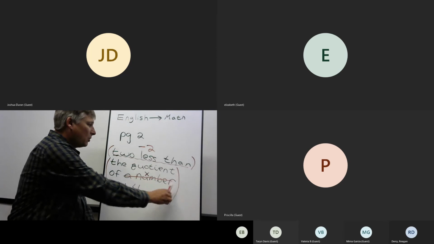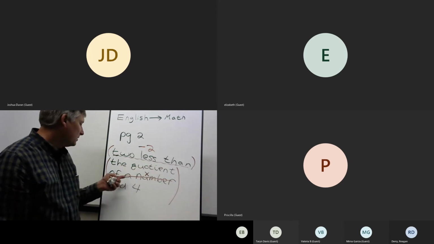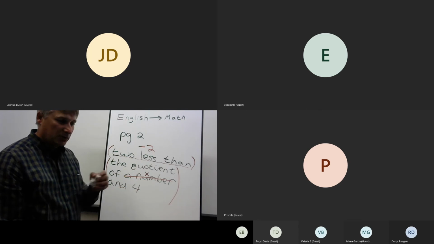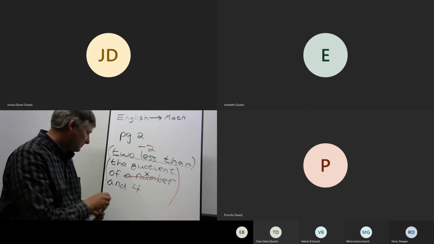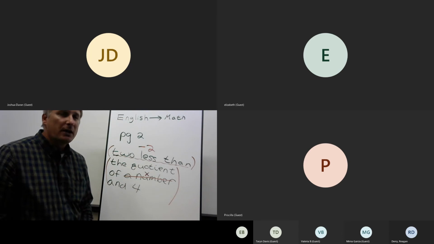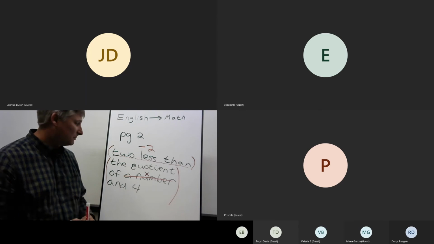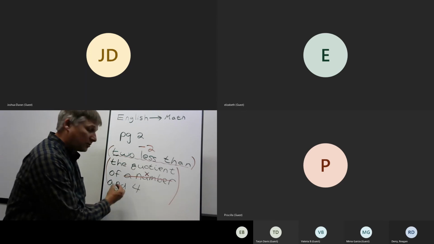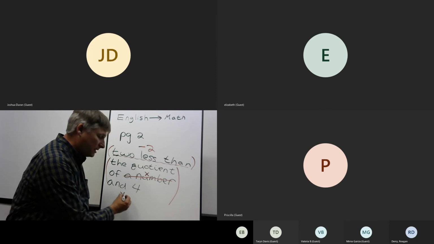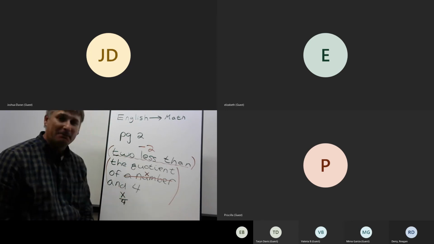Now there's a lot going on in this part. There's the quotient of x and 4. So let's start rewriting this. The quotient of x and 4. If we look at page 2, quotient means division. So the quotient of x and 4, that means x over 4.